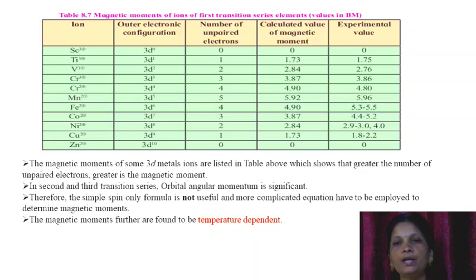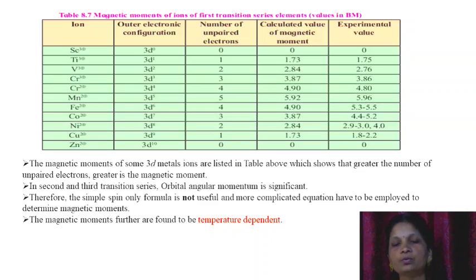Cr+2, 4.9 magnetic moment is observed, and for Mn+2, 3d5 outer electronic configuration, the number of unpaired electron 5, the calculated value of magnetic moment is 5.92 and experimental is 5.96. Fe+2, 3d6 outer electronic configuration, number of unpaired electron 4.